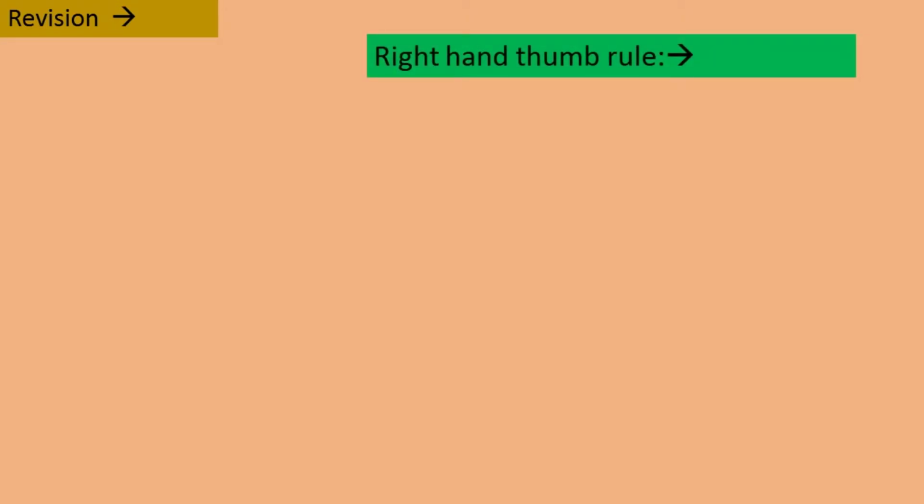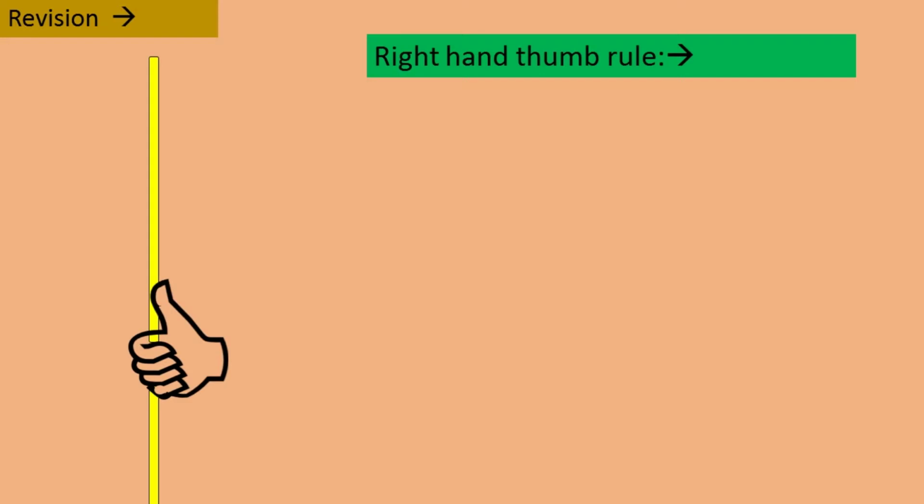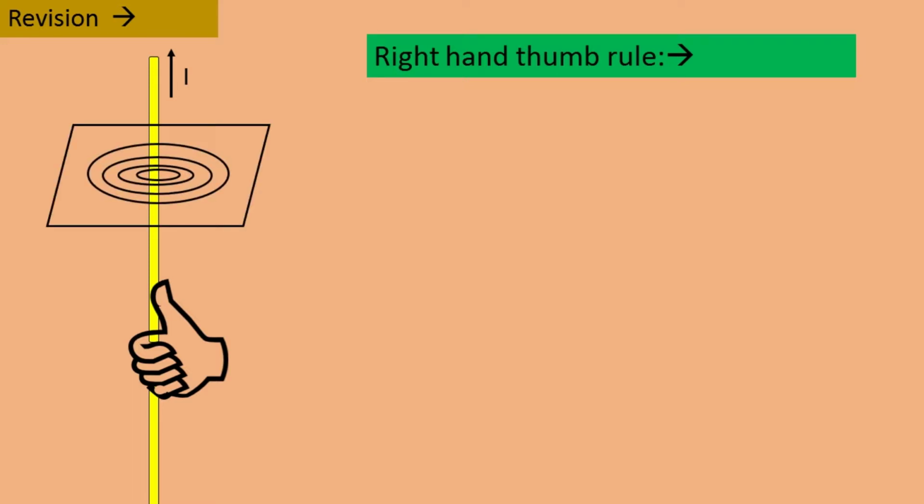In 10th standard, you studied about the right hand thumb rule. We revise it. Consider a conductor carrying a current I held in your right hand. Due to the current, a magnetic field is produced around the conductor. The direction of the magnetic field is given by the curled fingers.